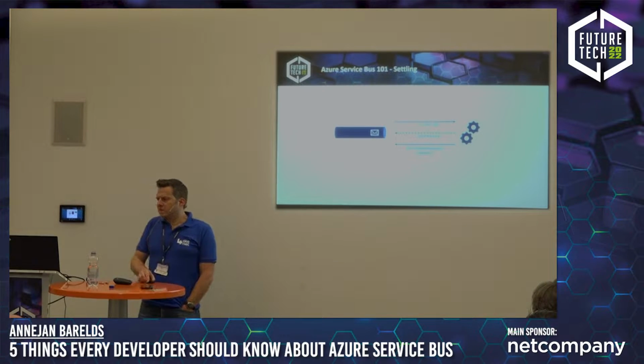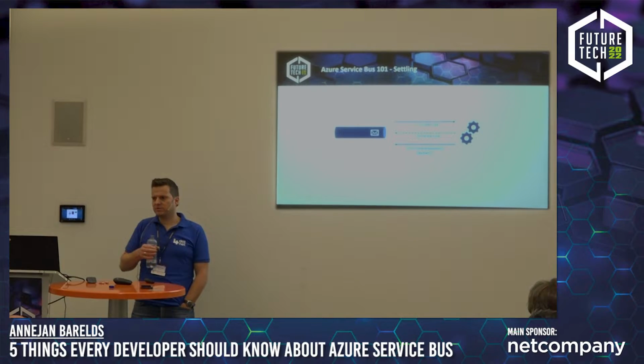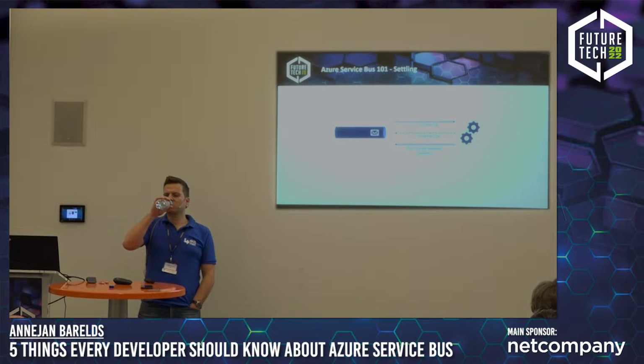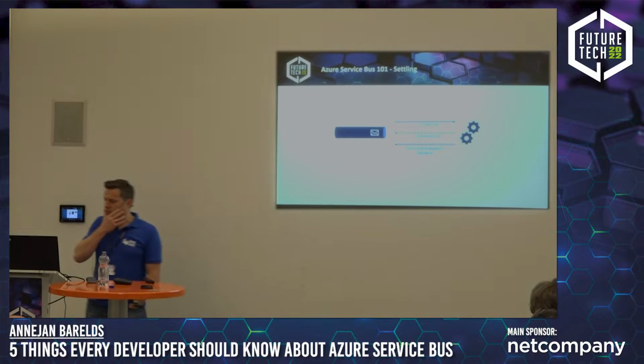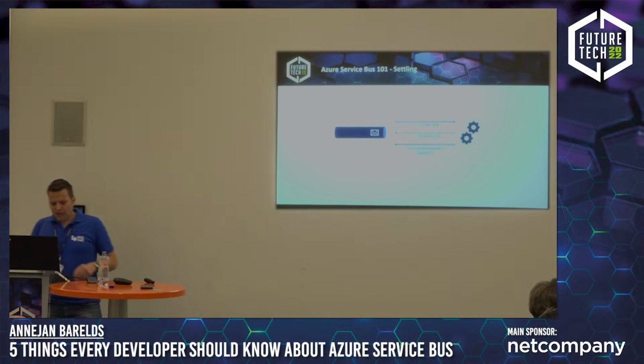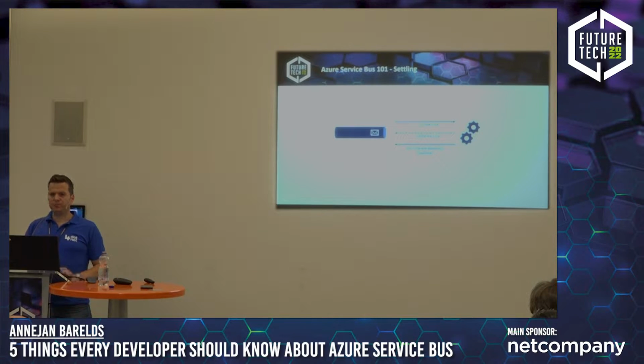And that's basically Azure Service Bus 101. Basically the groundwork of what we're going to talk about today. We also want to talk to it from code, obviously. And I'm going to show you a lot of demos that all involve some piece of code. I will walk through the basic setup right now.